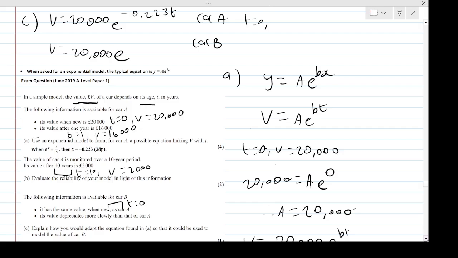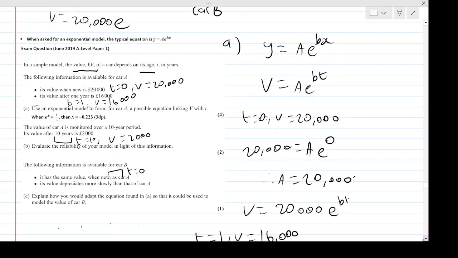So again, the key idea is it's talking about rate. It's more slowly, the rate, okay? So for car B, it needs to go down at a smaller rate. Now, that's going to hint about the derivative, dV/dt.